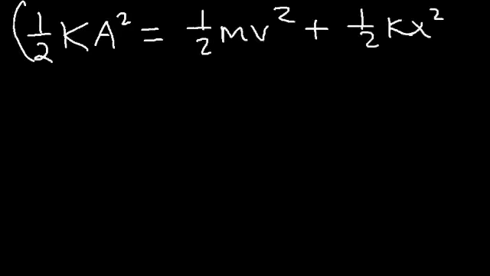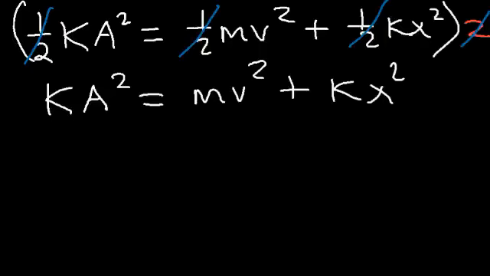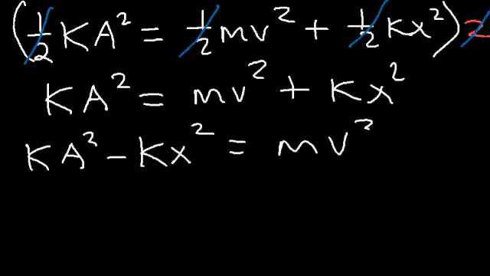So let's begin by multiplying everything by 2. 2 times a half is 1. This will cancel all of the fractions. So we have ka squared is equal to mv squared plus kx squared. Now let's subtract kx squared from both sides. ka squared minus kx squared is equal to mv squared.